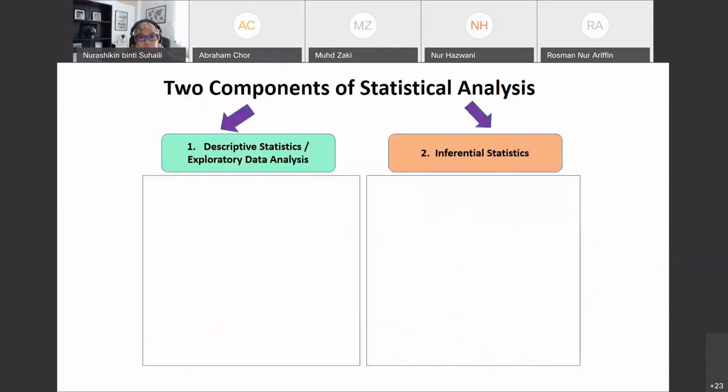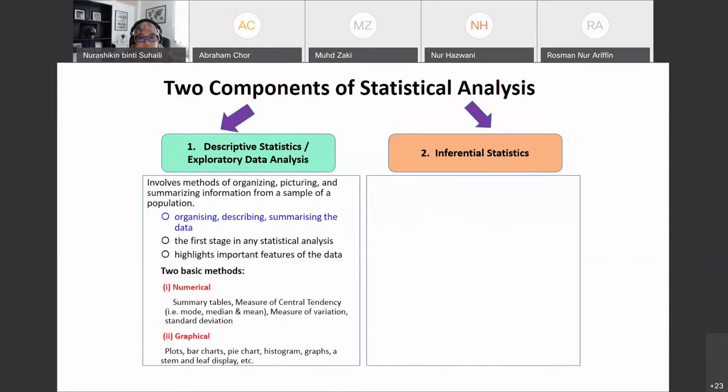Okay, 2 components of statistical analysis. We have what we call descriptive statistics or exploratory data analysis. So what is descriptive statistics? It involves methods of organizing, picturing, summarizing information from a sample of population.